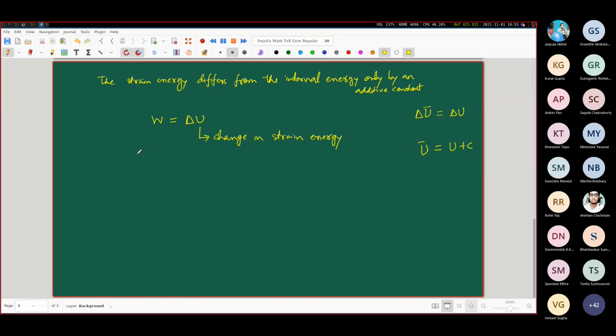Now, it is very much possible, without taking up individual special cases, to find an expression for this delta U, the change in the strain energy, by starting with something like this.